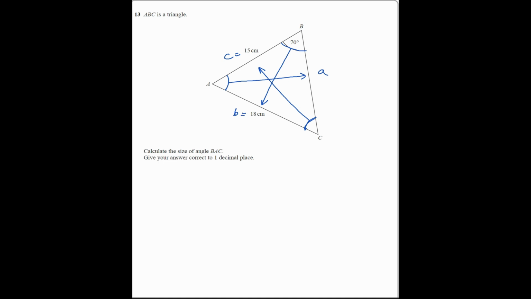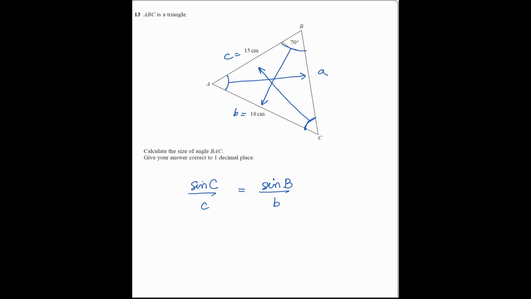So the side not given to us is a, so we cannot use angle A. So we can use sine C over small c equals sine B over small b.